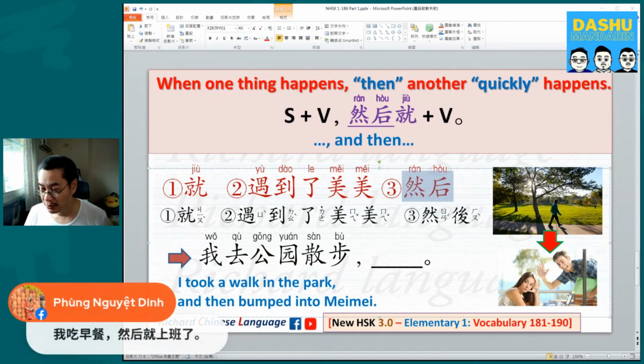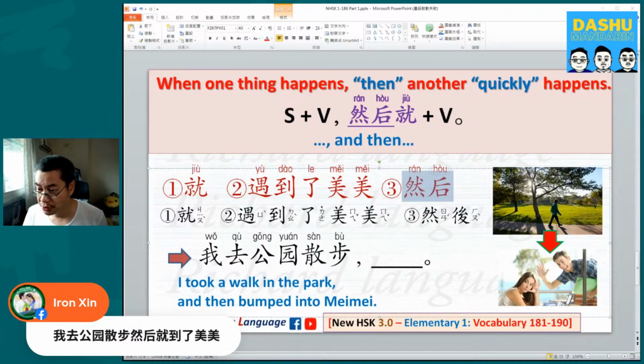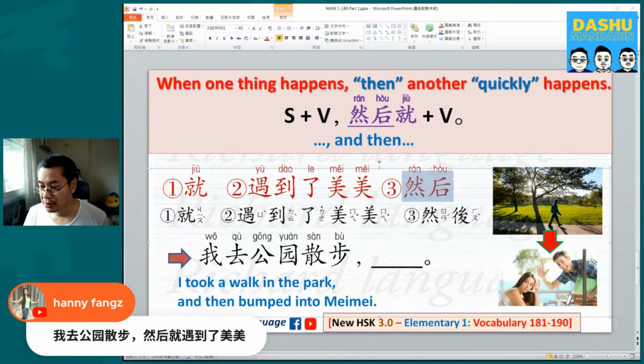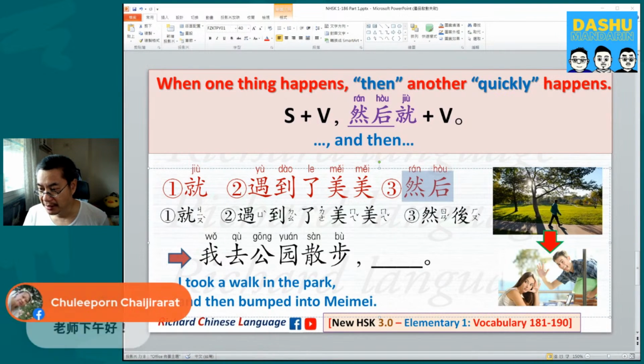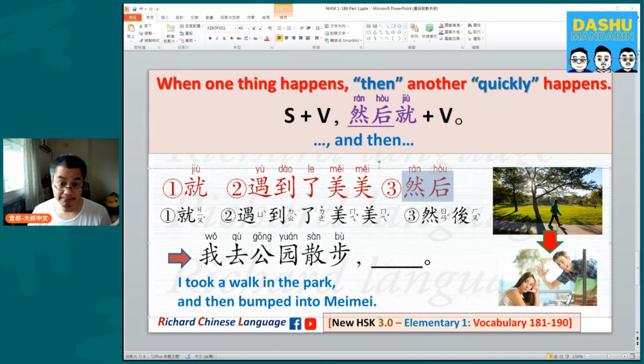我吃早餐，然后就上班了. Good. 我去公园散步，然后就遇到了美美. Hello, 秀珍.